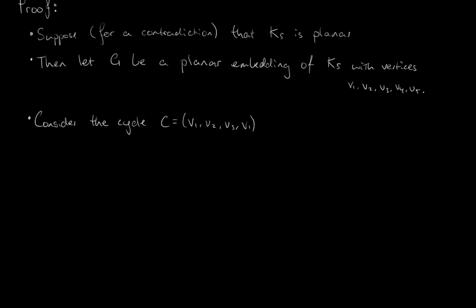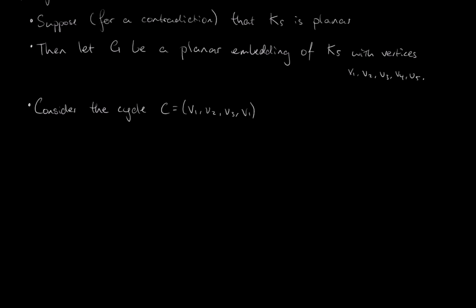We're not including V5 yet. We know that this cycle exists since all vertices are adjacent to each other, right? You just trace from the point V1, wherever it is on the plane, a cycle from V1 to V2 to V3, and then you go back to V1. Every pair in this way is an edge, because we have the complete graph.